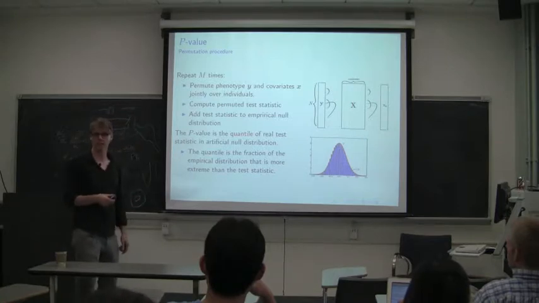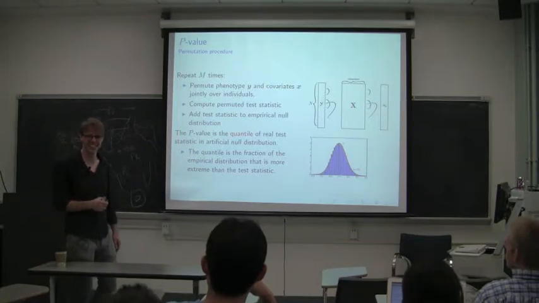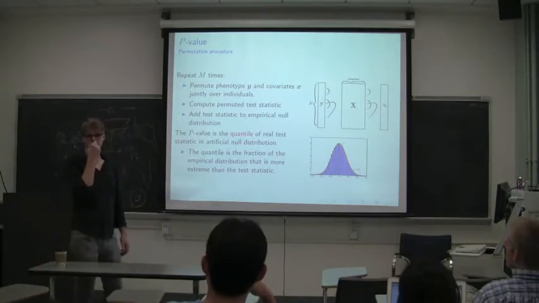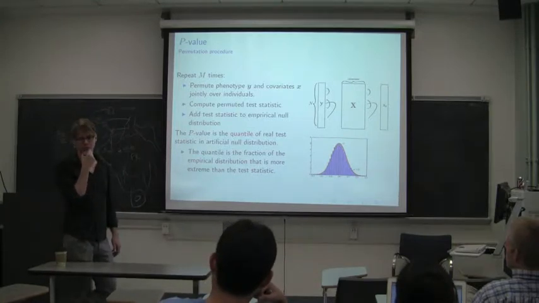So it gives a good estimate of the false positive rate then. That gives you an estimate of the false positive rate. Not really. It tells you, well, maybe you can compute one from that.